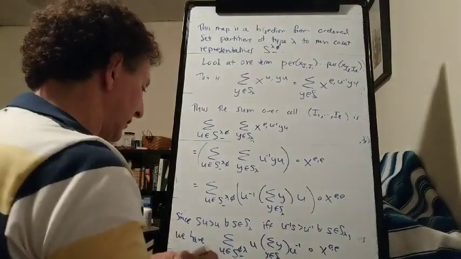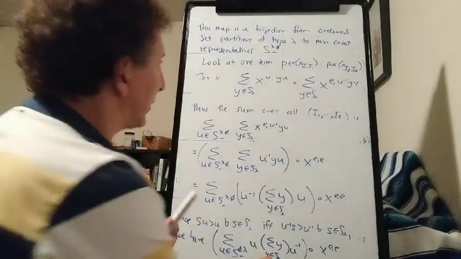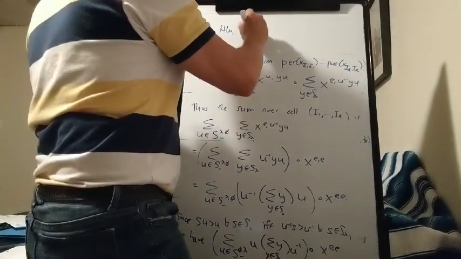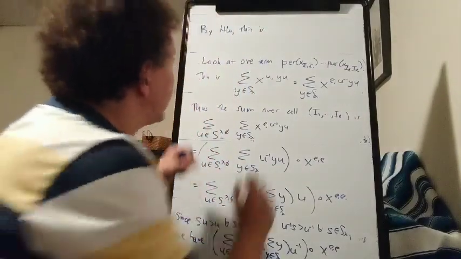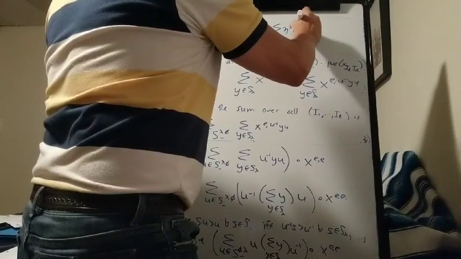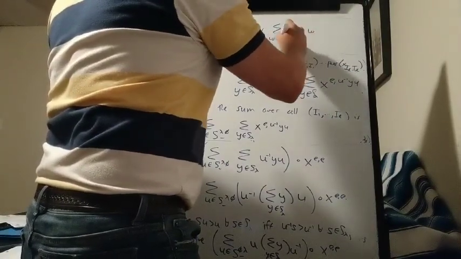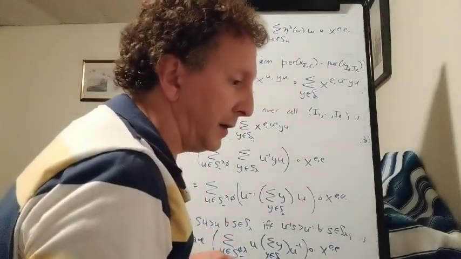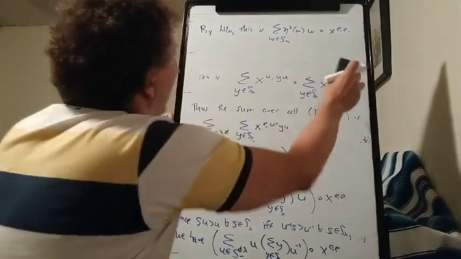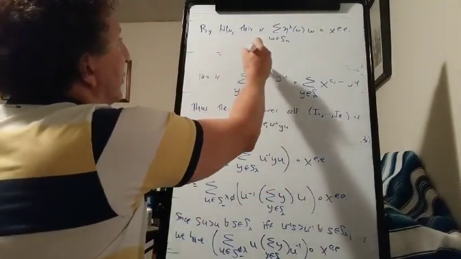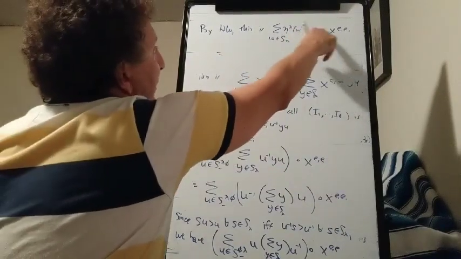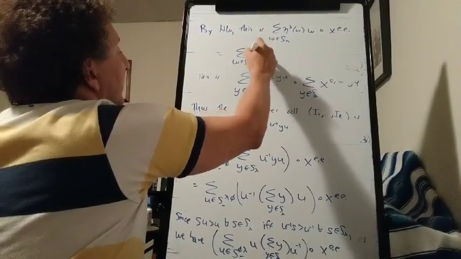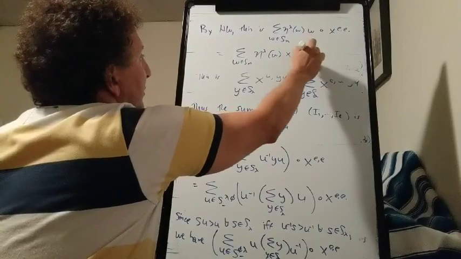Now this element right here, in parentheses, by homework, is a sum of eta lambda of w times w over all w in the symmetric group, times xe. So if we apply this to xee by making it xew, this is the sum of all w in the symmetric group, eta lambda of w xew, which is what we wanted.